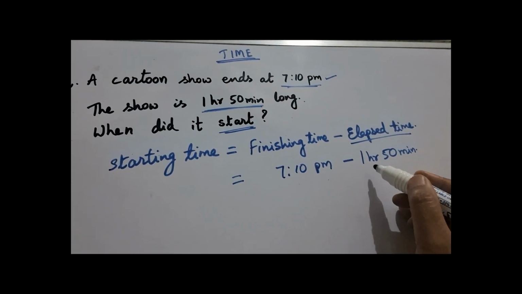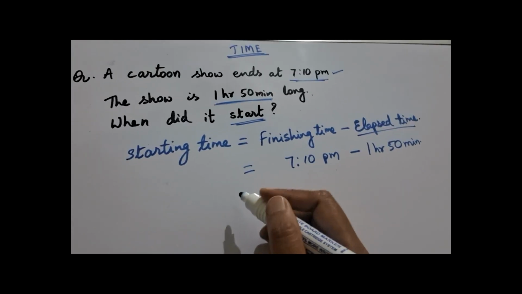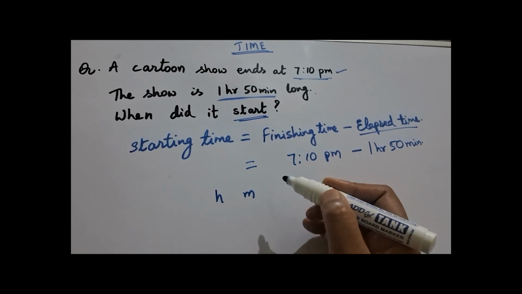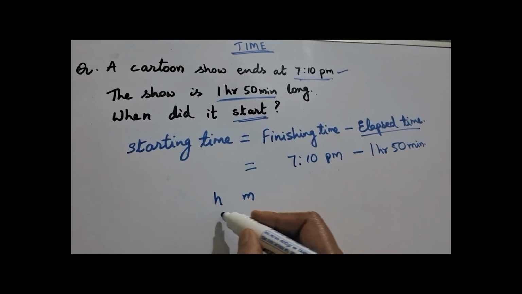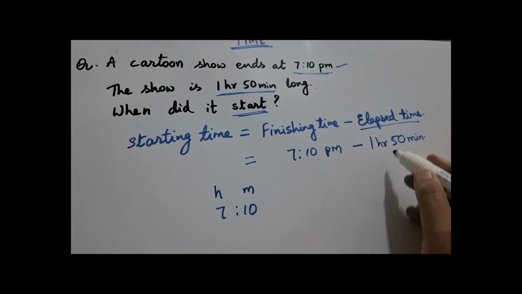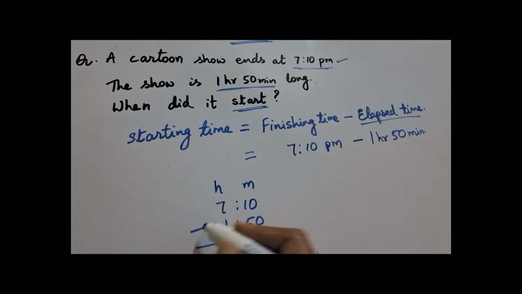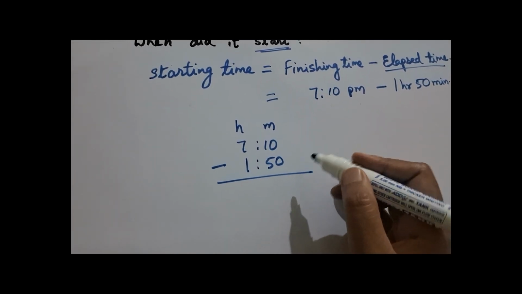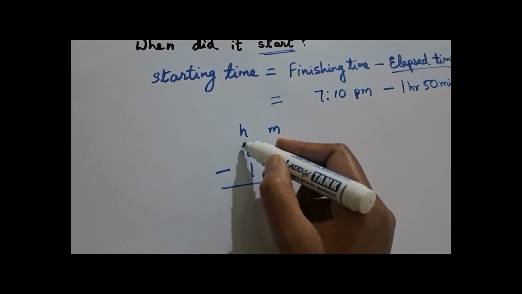Now here we have to do subtraction of these two times. So let's do, children, and let us know when did the show start. Okay, so this one 7:10 and this one 1:50. Okay, children, minus. Now we know how to subtract time, children. 10 minus 50 can't be possible, so we have to take 1 hour here.